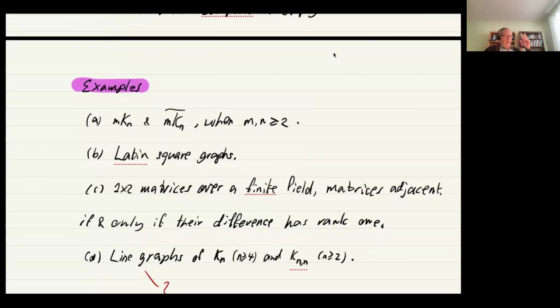Now, the jargon is that a strongly regular graph is primitive if x and x bar are connected. Sorry about this, you should see me typing.